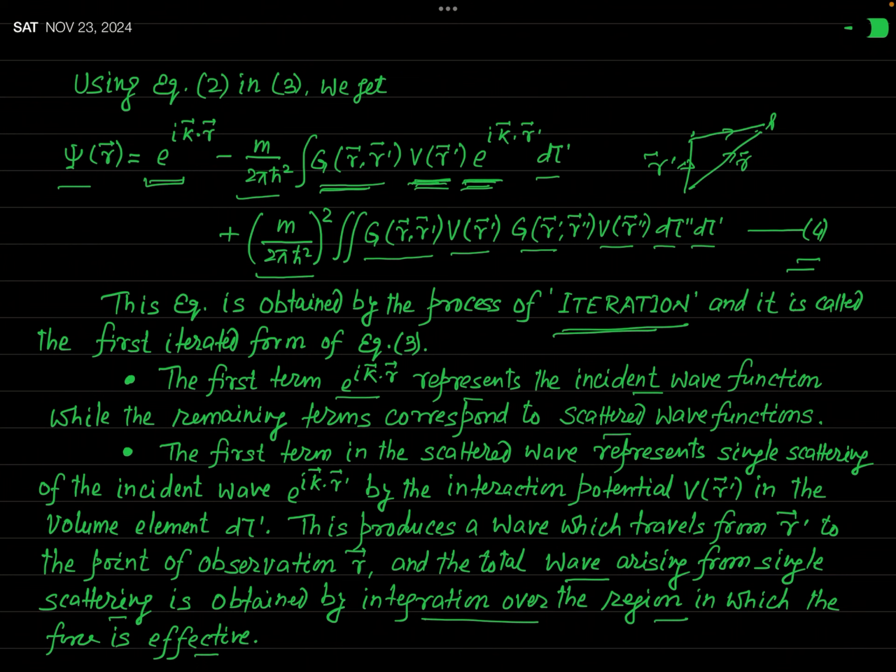It means where the potential field is effective, if you integrate this result for that volume or region, then you will get the total wave function which arises due to this single scattering. That is, here the incident wave e to the power i k dot r dash has been scattered to this much. This is the scattered wave.